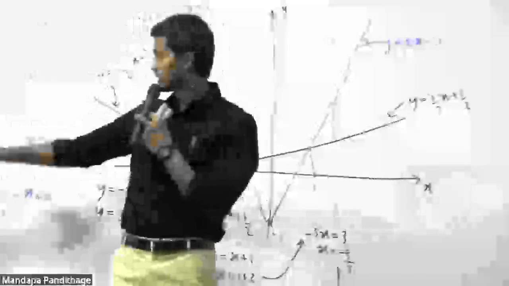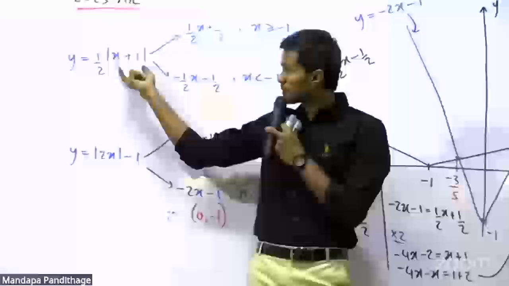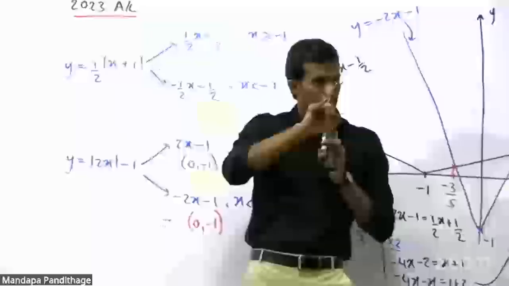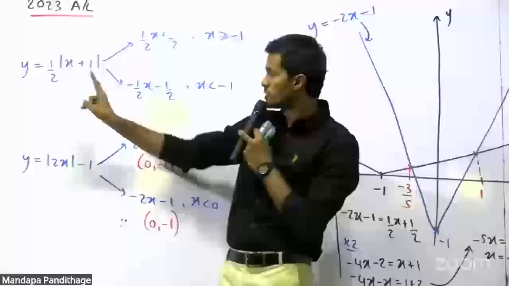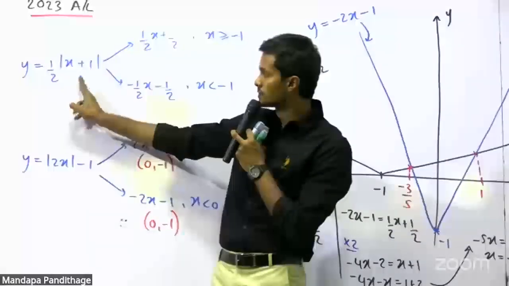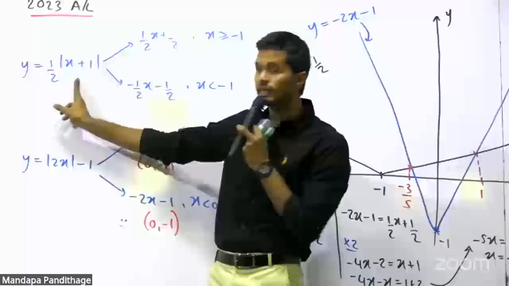So how can we think this? Here, it's clear that what we got is modulus 2x minus 1, and this x plus 1 modulus is isolated. So there is one point that we need to think. What is my thinking point? X plus 1 modulus is isolated.